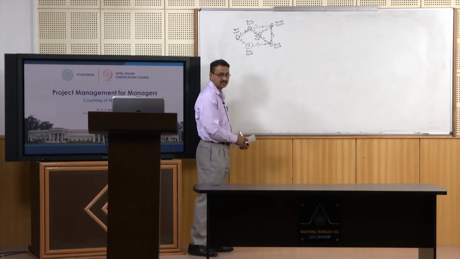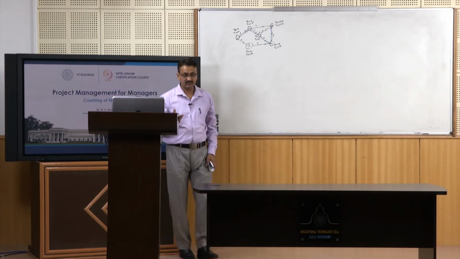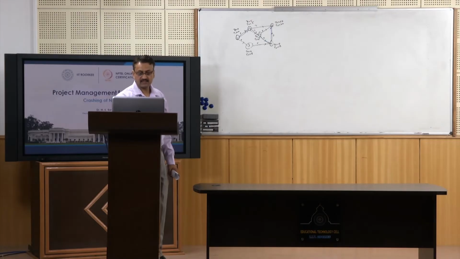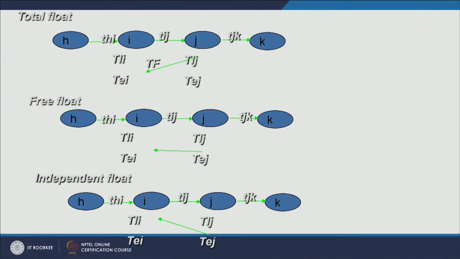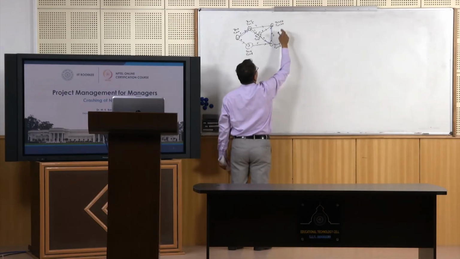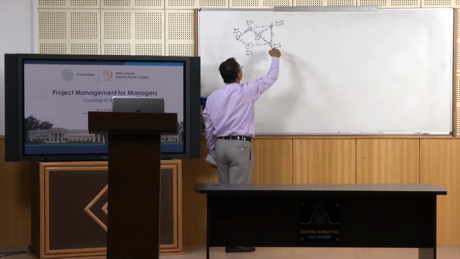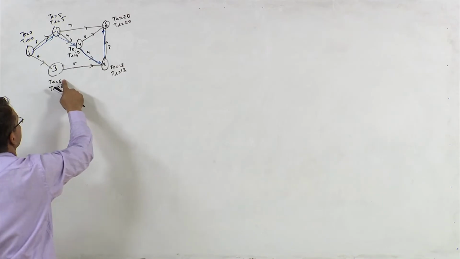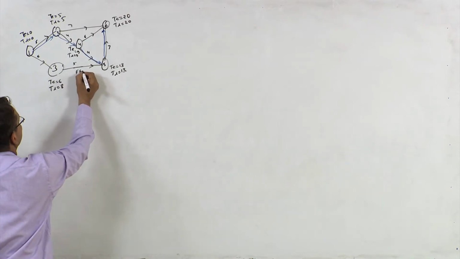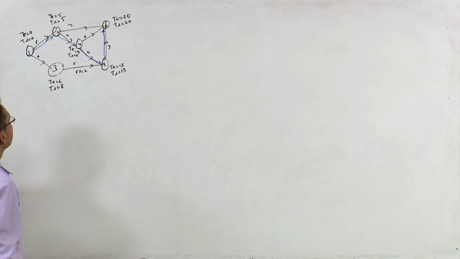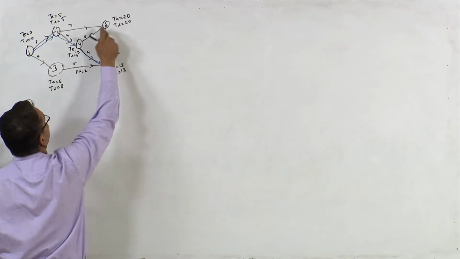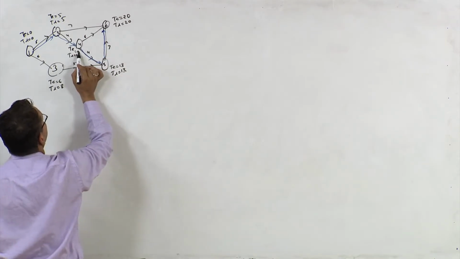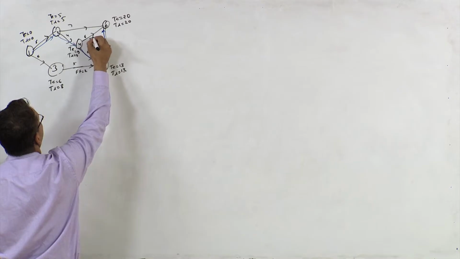And free float is what? We have seen what free float is. It is earliest time, right? So just see this, TEJ minus TEI, right? So TE minus TE, not for critical activities, right? Let us calculate it for non-critical activities. So 13 minus 6 is 7, 7 minus 5 is 2, right? For activity 4 6 it would be 20 minus 9, 11 minus 6, it is 5, right?